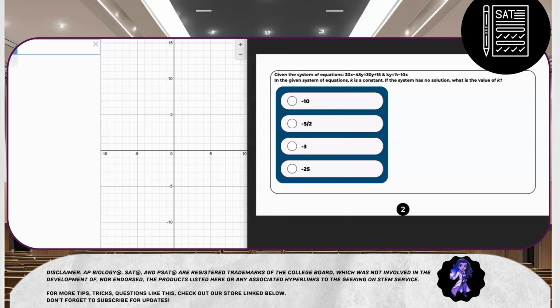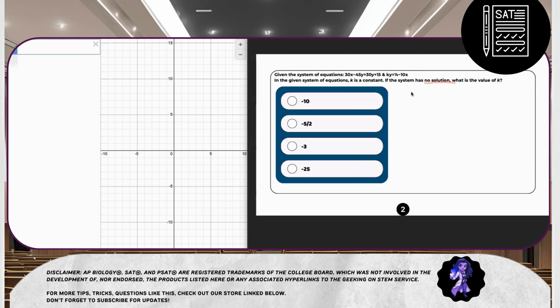The first thing that I want to point out is the phrase listed here, which is "no solution." No solution comes into understanding a concept that the SAT company wants you to know.